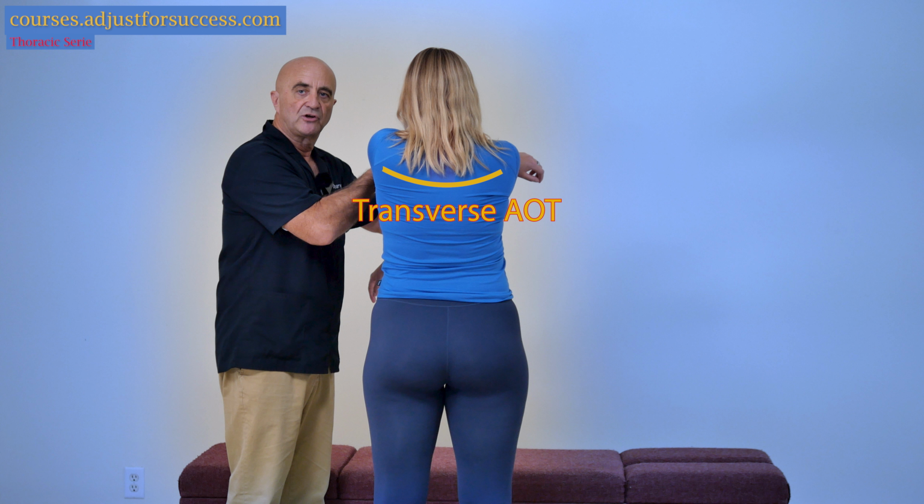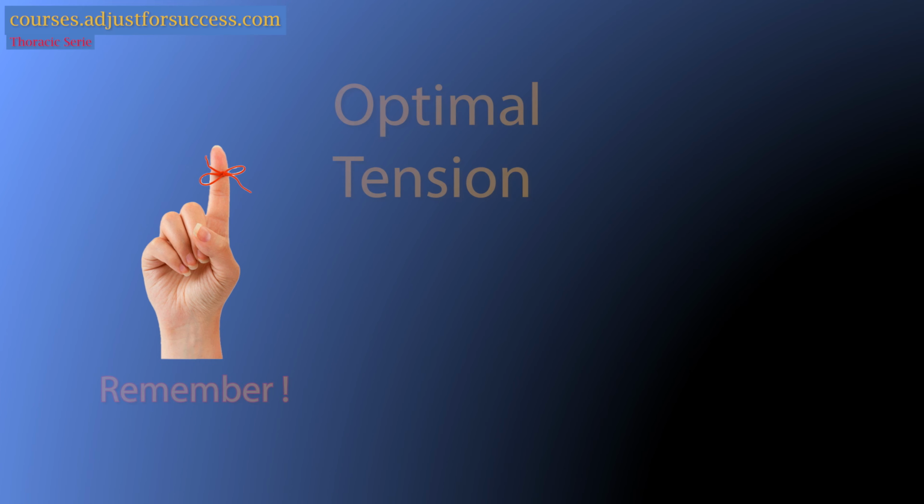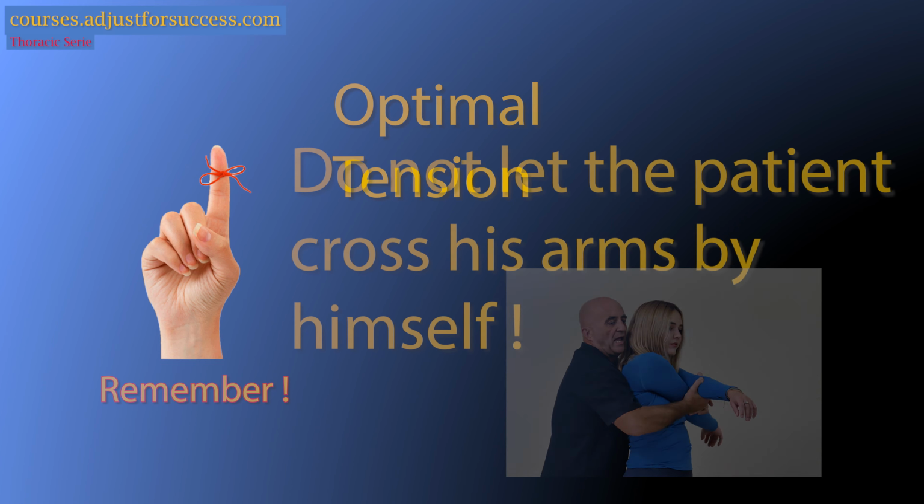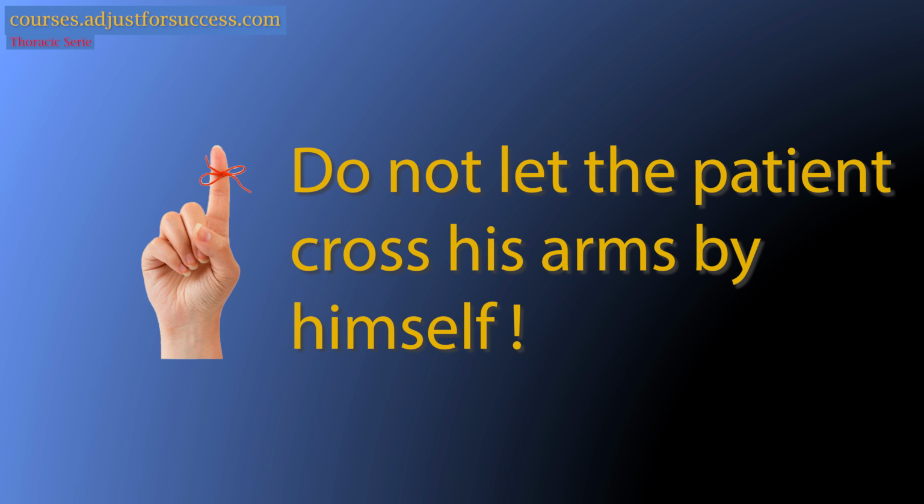This transverse arc of tension will anchor the cephalad block to lift it off the caudal block. Remember, you need to cross the patient's arm for him and not let him do it himself.